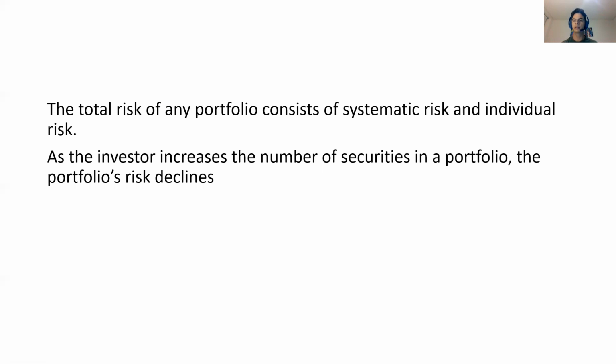You can't avoid this. But the one that you can avoid is individual risk. Individual risk is the risk attached to a specific asset. Imagine that maybe the monkeys chose only one banana. If they chose only one banana, that would have a huge level of risk, because imagine that you decided to invest all your money only in Coca-Cola.